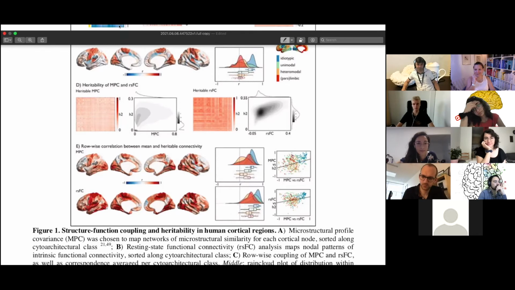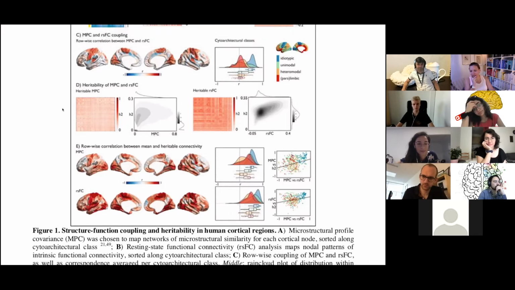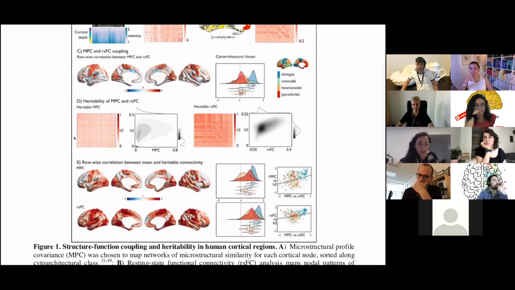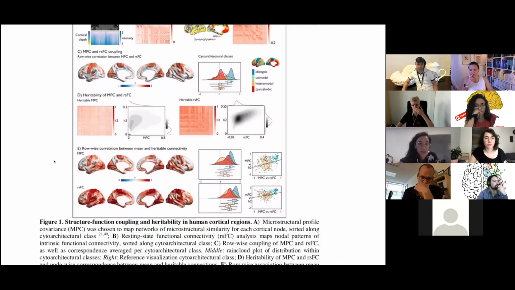Can I jump in right there, because we have a question in the chat that is relevant to where you're going at the moment. When you say genetically related participants in the HCP, are we referring to twins versus non-twins? It's twins, if I remember well. They observed the twins pattern. Okay, thanks.